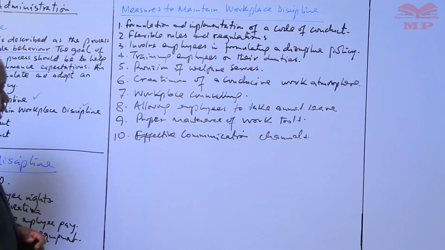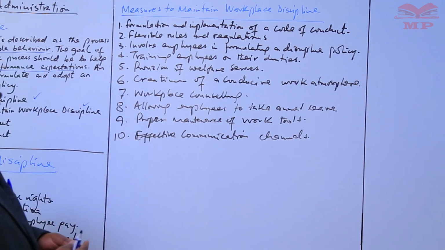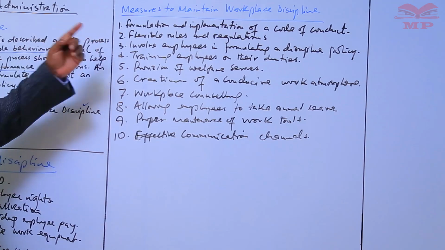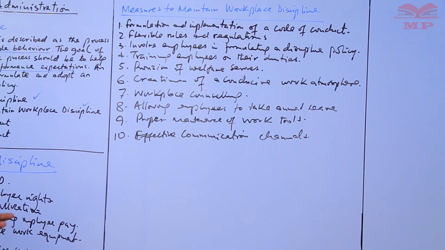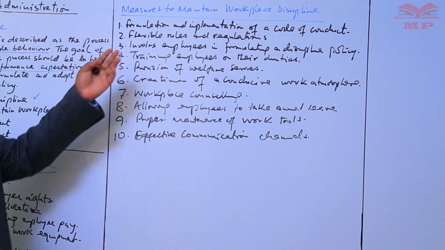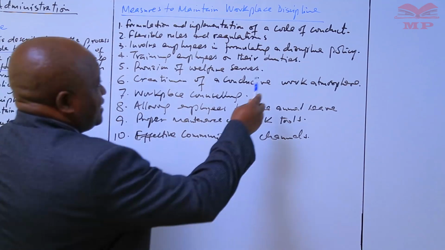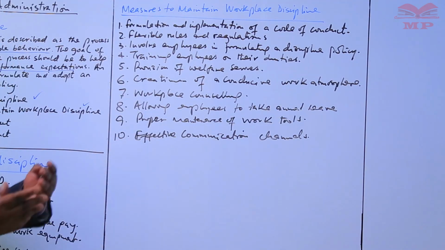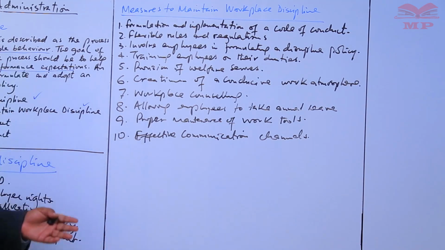So basically, some of the measures that may be taken to maintain workplace discipline. The formulation and implementation of a code of conduct is very critical. Flexible rules and regulations should be provided within a work environment. Employees should be involved in setting a disciplinary code, so that they are part of the process and they know this is what is expected of them.